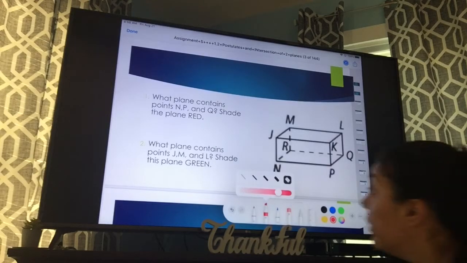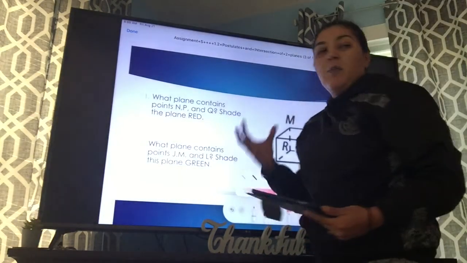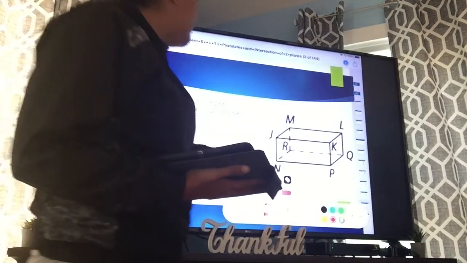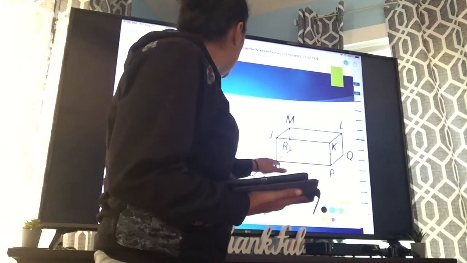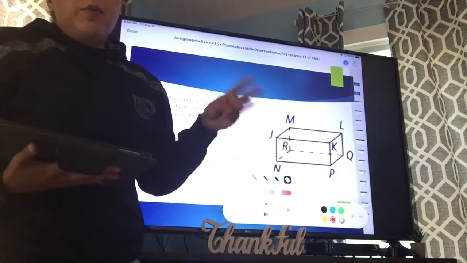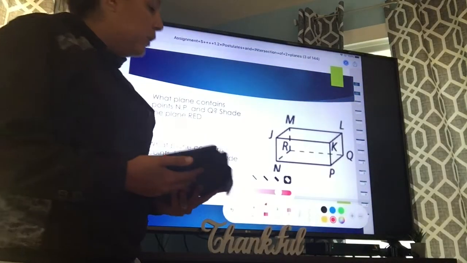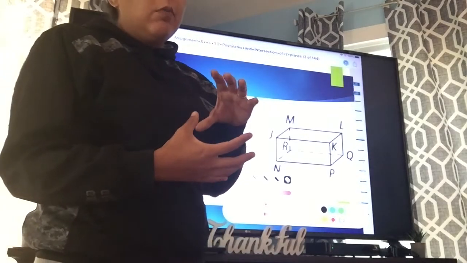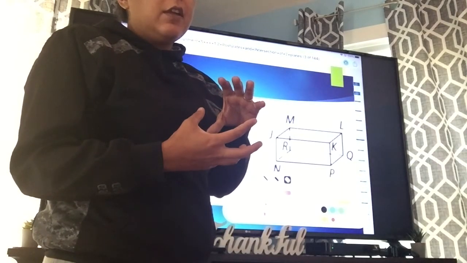And this is where geometry for me kind of sucks, because I don't visualize very well. We need to find N, which is right here, P, and Q. So it only gave us 3 points, but we know there's got to be 4. Even if you look at my desk, there's a cube, you know, my cube with sticky notes on it?